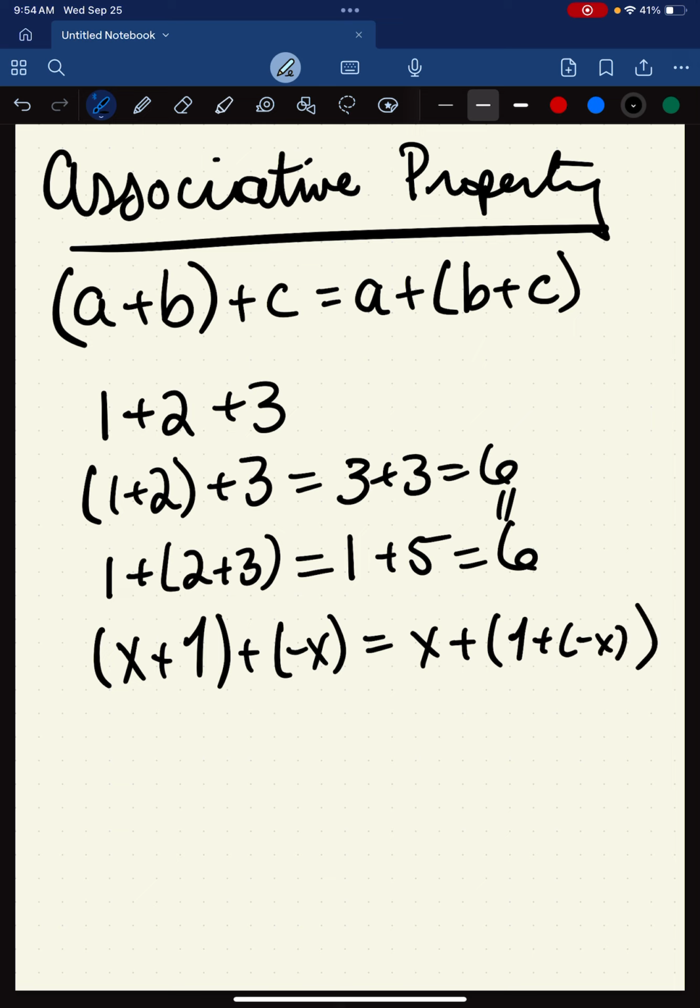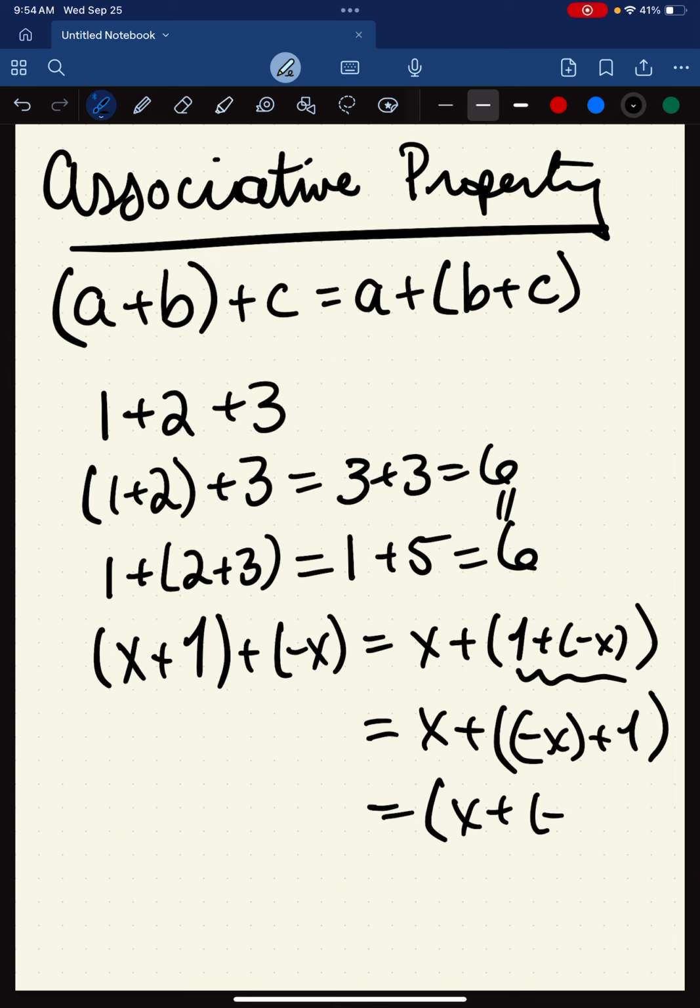We could use the commutative property to switch these two, x plus negative x plus 1. And then we can use the associative property, because addition is associative, to group. Instead of doing the right two first, we can do the left two first. x plus negative x is going to give us 0, plus 1 is 1. So that's the associative property.